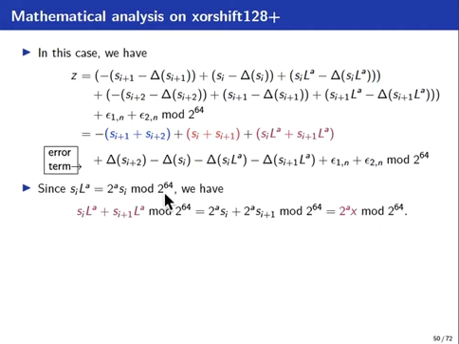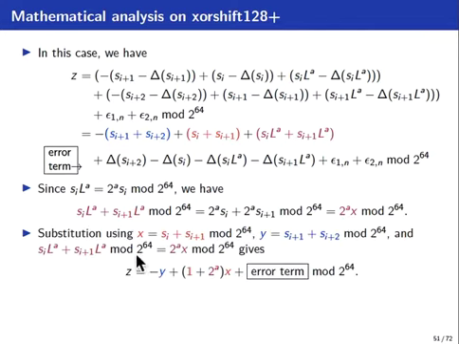Since this relation, the purple term is 2^28 times x, the red is x, and the blue is y. And hence, we obtained the desired equation with the error term shown above.